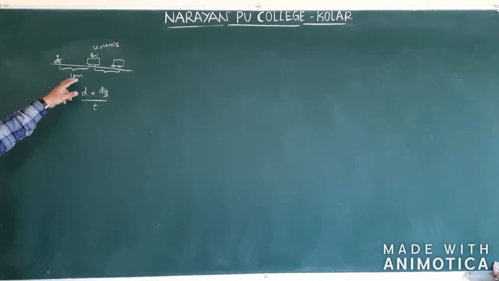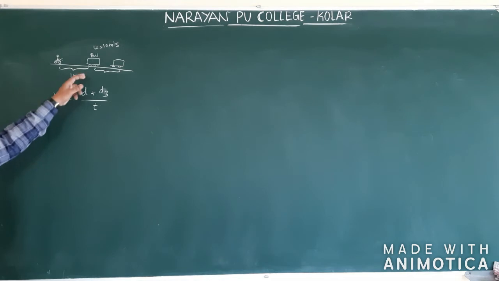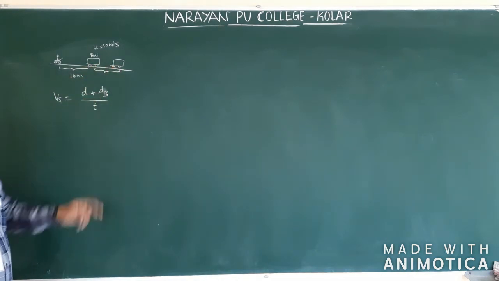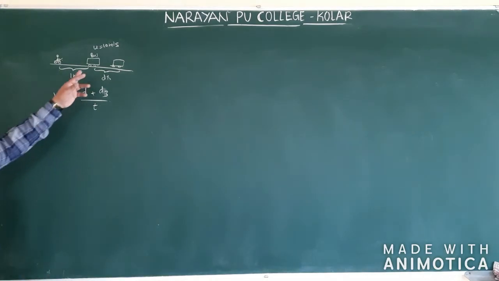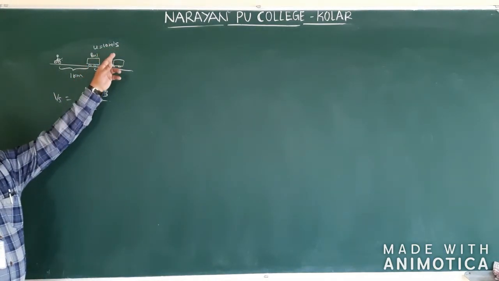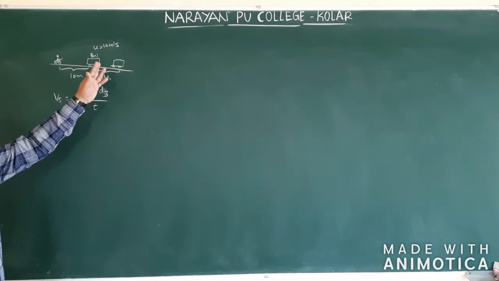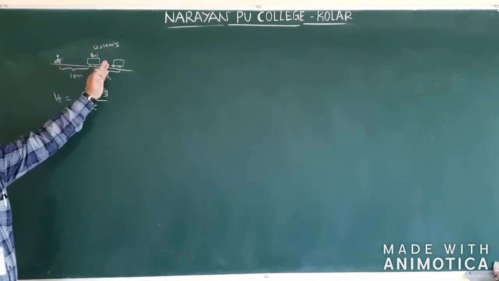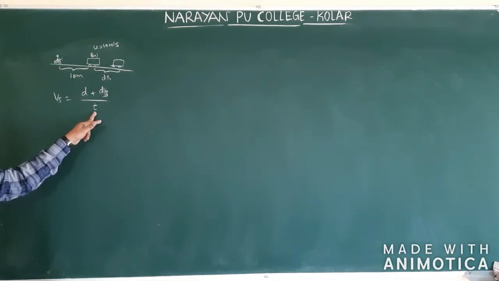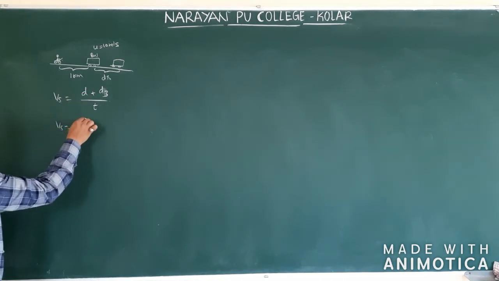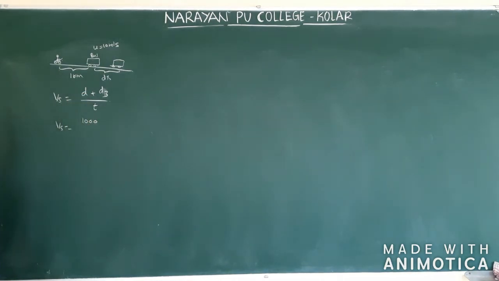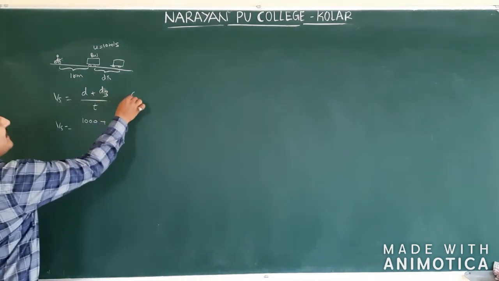Total distance means the initial distance, that is 1 kilometer, and the distance covered by the bus. Your bus is moving with 10 meter per second. So how much distance will it cover within 100 seconds? This total time they give, 100 seconds. Therefore, Vs is equal to distance 1 kilometer, which means 1000 meters, plus the distance covered by the bus.